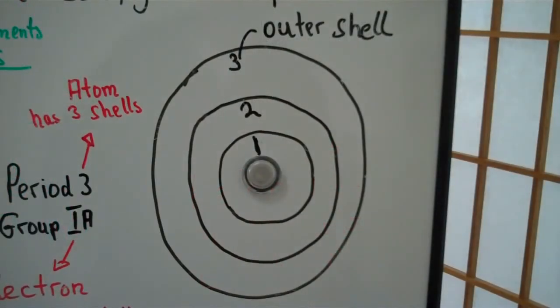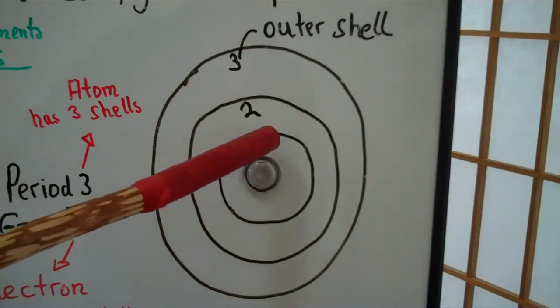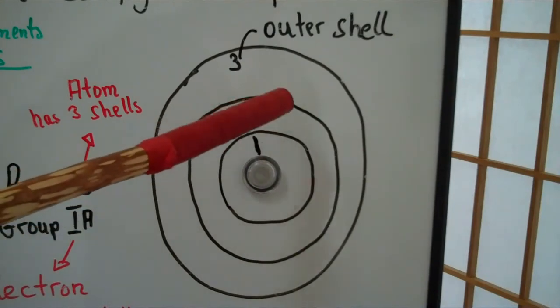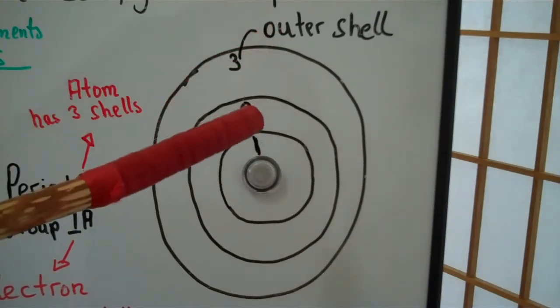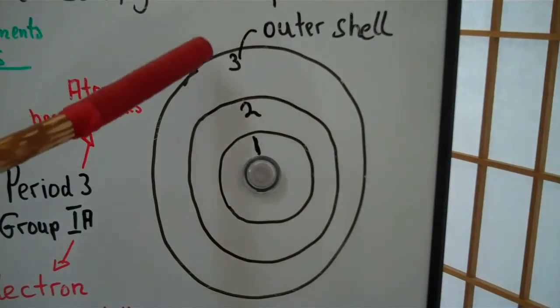This is where we will have to put the 11 electrons for the sodium atom: 1 shell, 2 shells, and an outer shell. And we know that on the outer shell there will be only 1 electron.